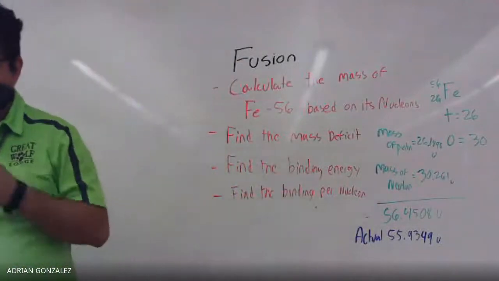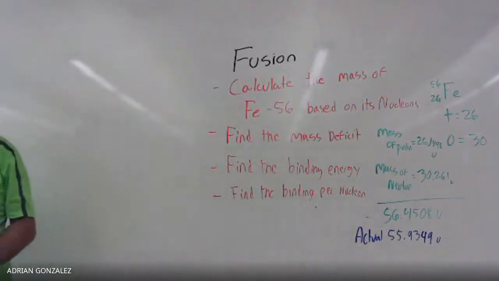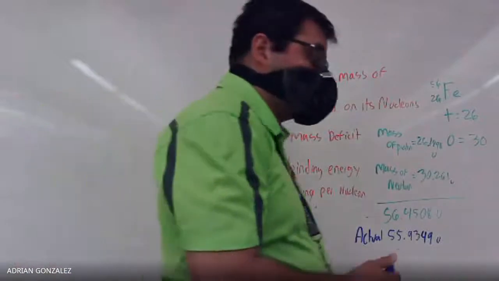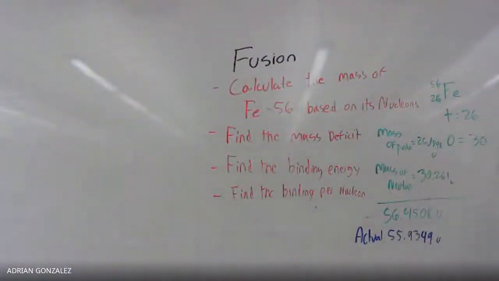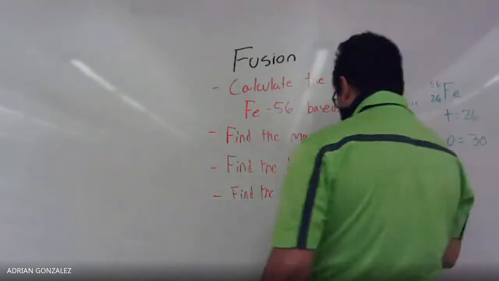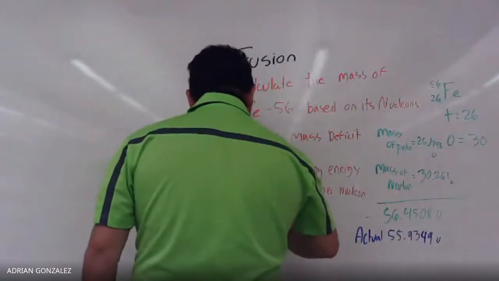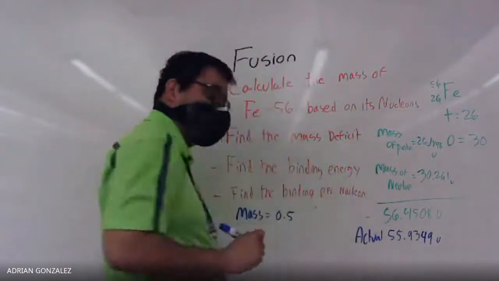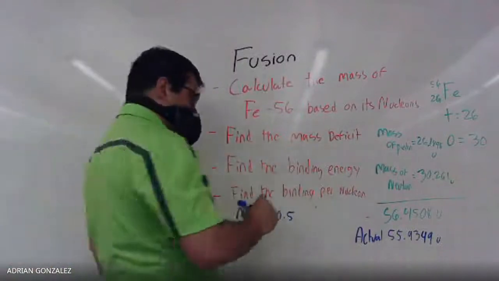What do you get? Your mass deficit came out to 0.5158.